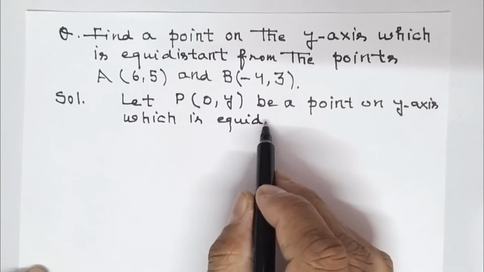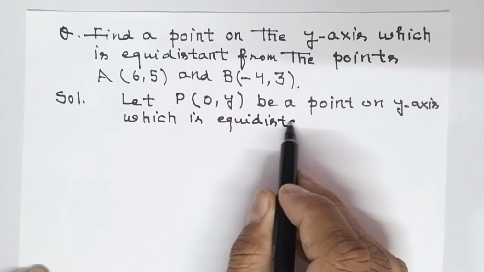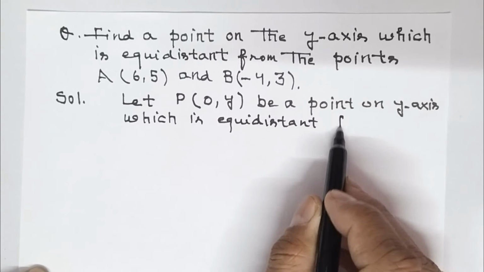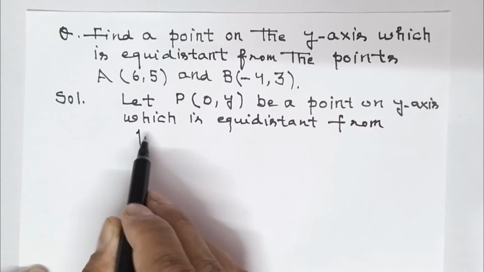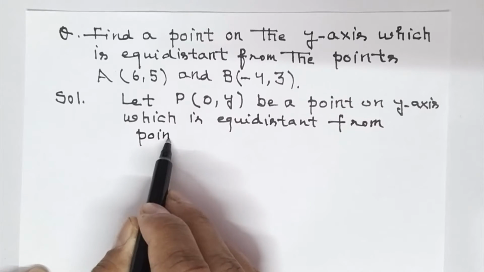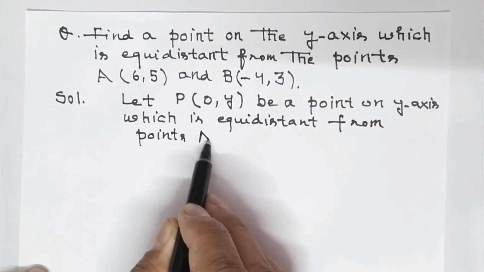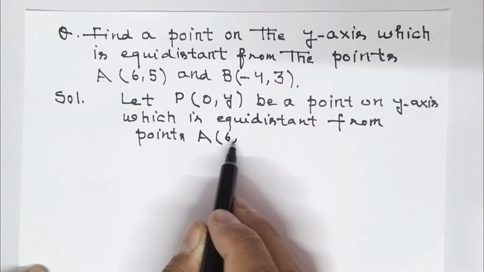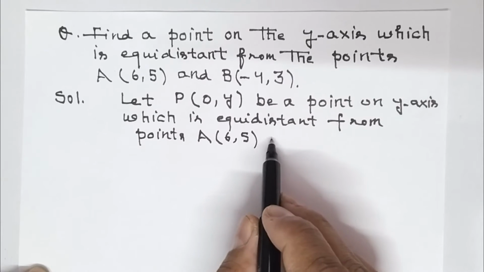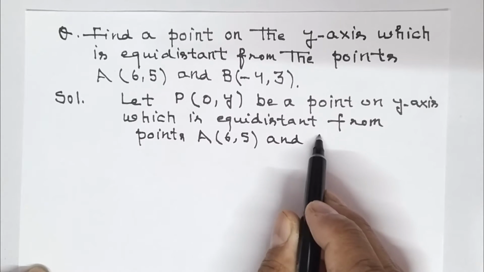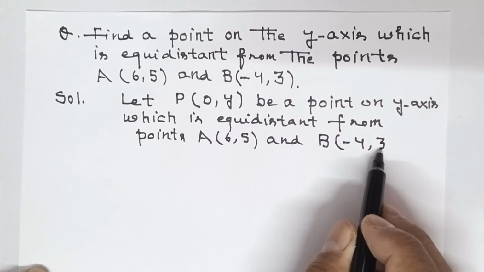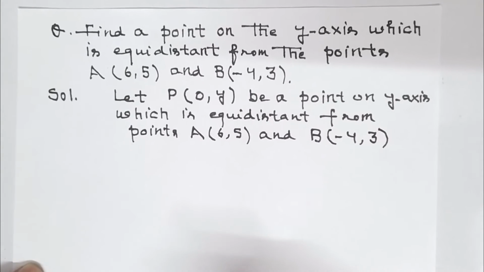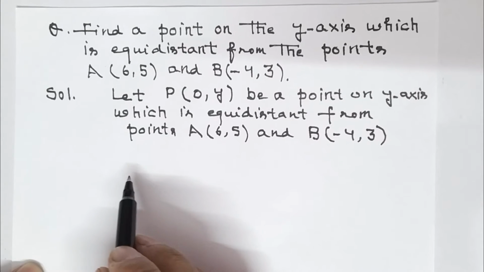Equidistant means at equal distance. So point P is equidistant from A and B.